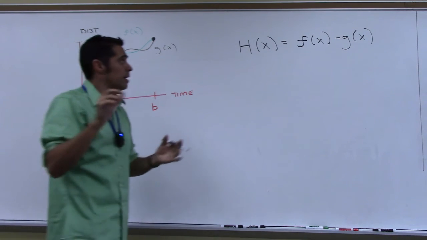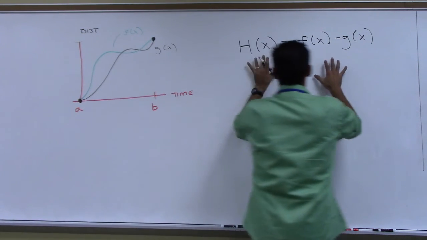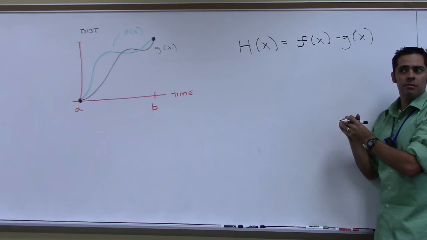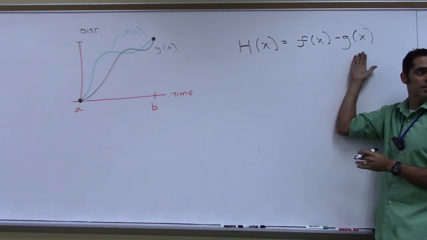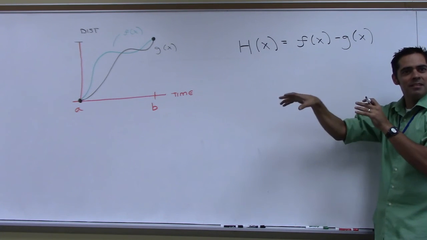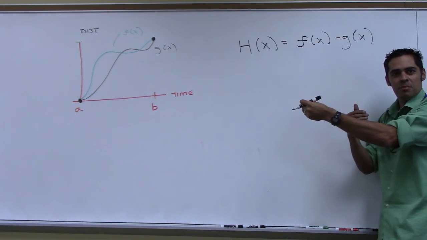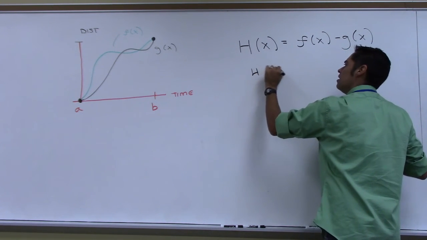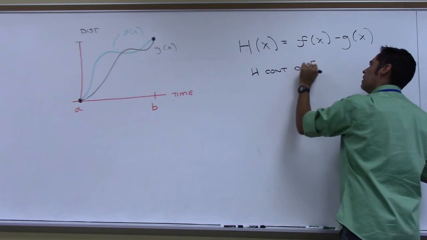Does everyone agree that h is still a continuous function? Yes? Because f and g were continuous, or else these cars would be magically going from one spot to the next without actually traveling through space, right? These are nice continuous curves. So h is continuous on [a, b].